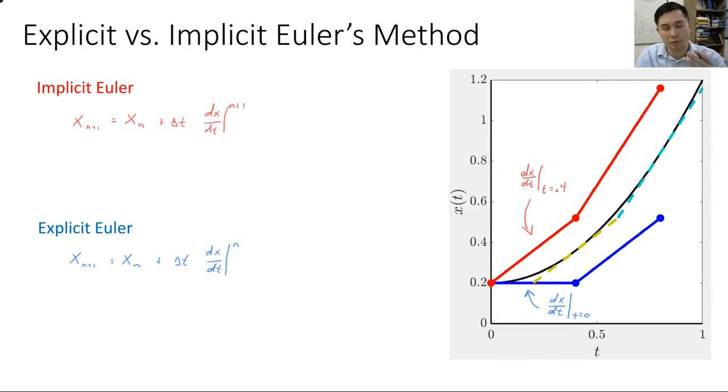So we take our first step at these different slopes, and we can see that our results are starting to diverge away from our analytic solution. And in this case, our implicit form is overestimating the value, and our explicit form is underestimating the value.